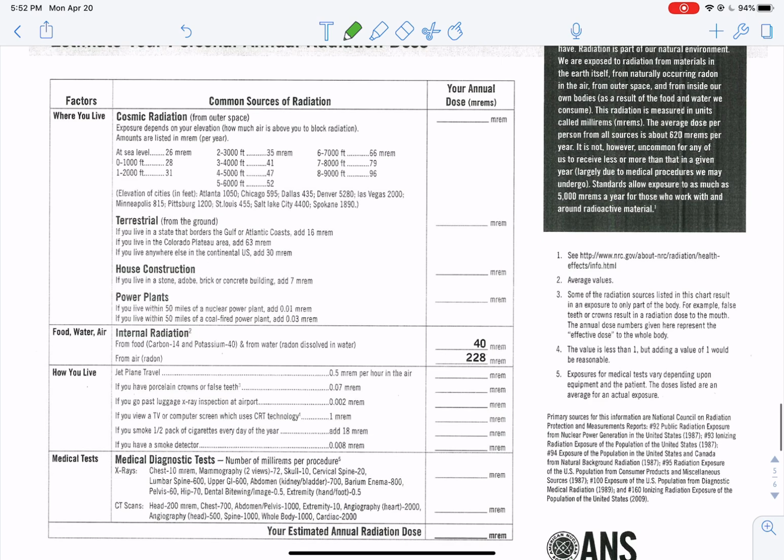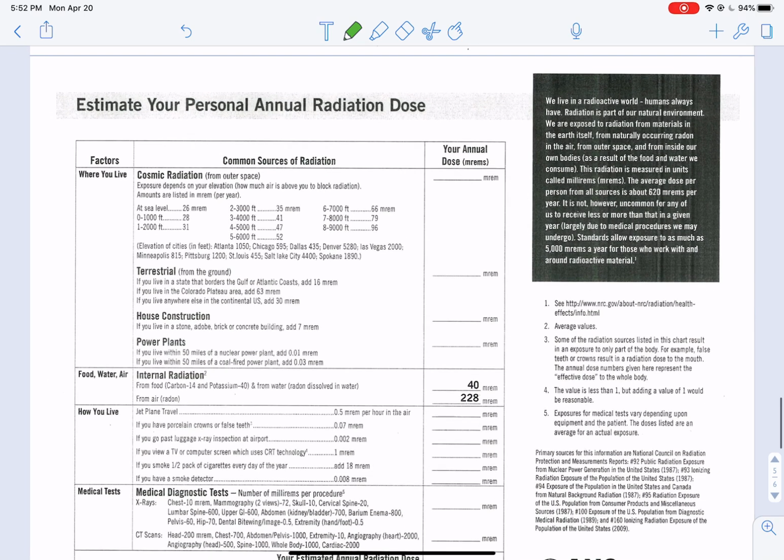Finally, you could calculate your estimated annual radiation dose. How much radiation are you exposed to every year? Well, a big part of it is where you live, and that depends upon altitude. The higher up you go, the more you're exposed to.